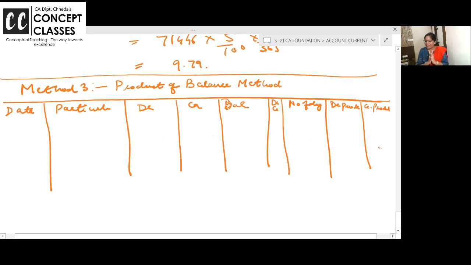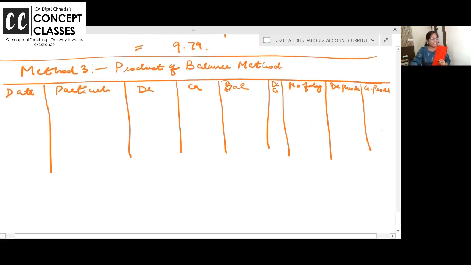Finish drawing the columns. Anyone having any doubt? No? Then let us post all transactions in the chronological order of the date. Not that you write all the debits first and then the credits as the transactions come.